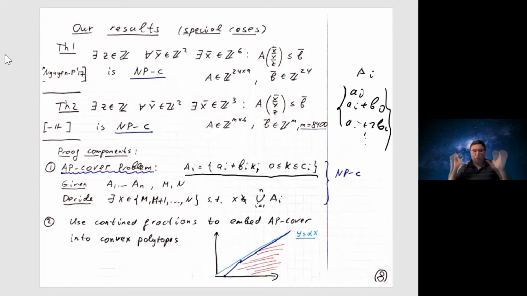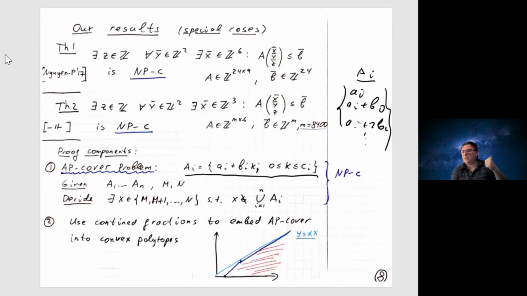Now, that's one of the classical problems. You can find it in Garey and Johnson's book. That problem is NP-complete, to no surprise of anyone. So just as a sanity check, if there exists a point that's not covered, if somebody gives you a point and says that point is not covered by the arithmetic progressions, it's easy to check by just checking all those numbers to see that each a_i does not cover x.